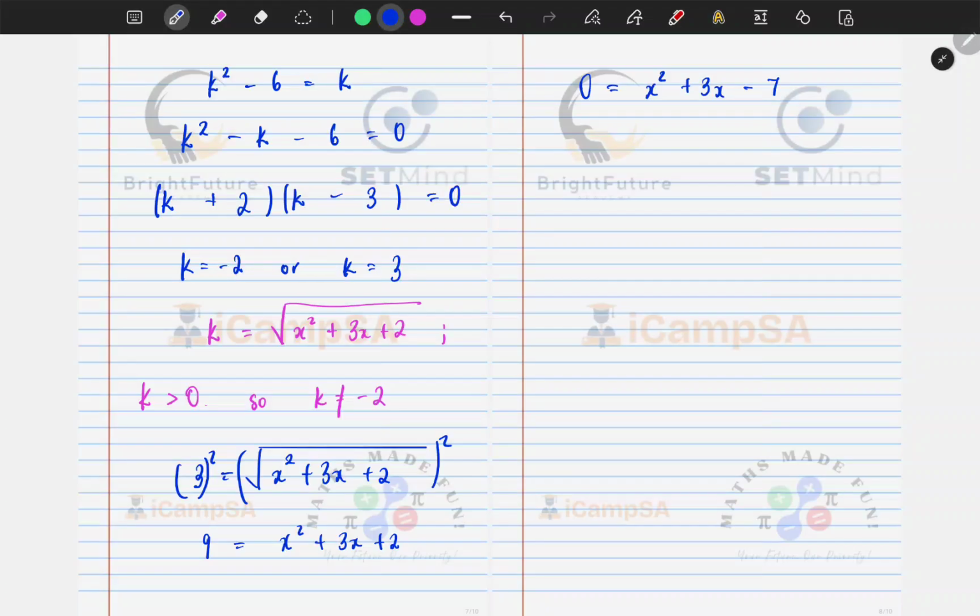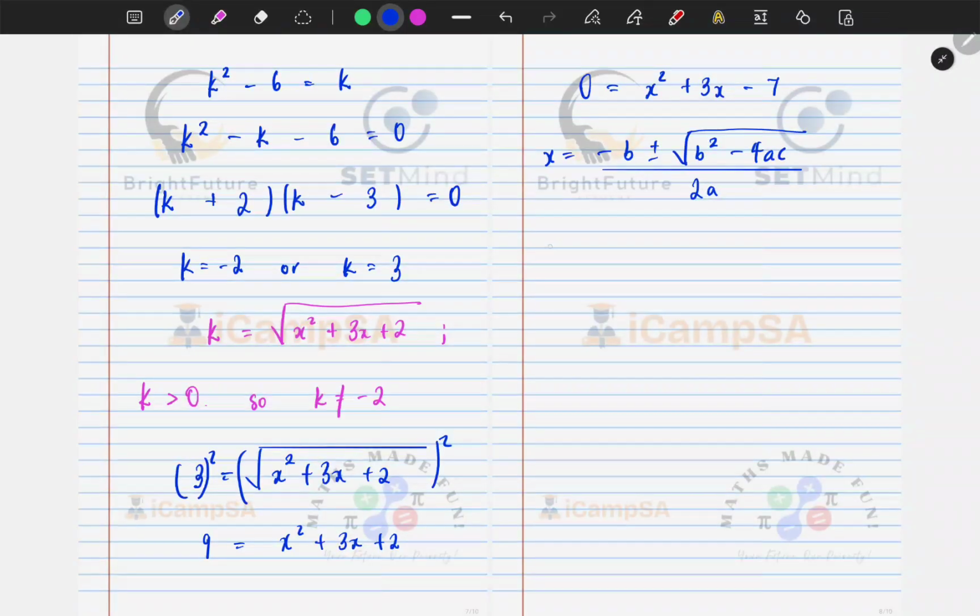My quadratic formula is going to be x equals minus b plus or minus the square root of b squared minus 4ac, all over 2a.